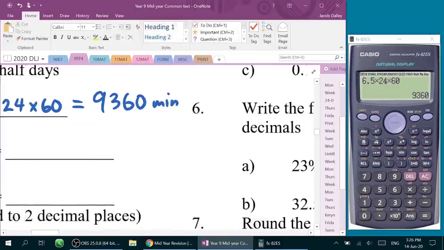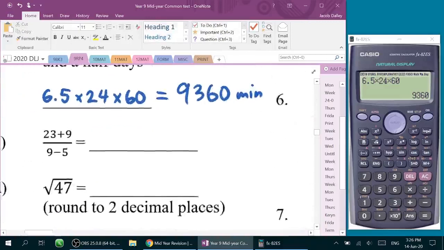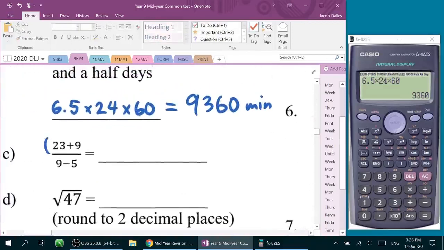When you get something like this, there are invisible brackets that need to be sorted out before you do any division. So if you did this in your head, you get 23 plus 9 is 32, and 9 minus 5 is 4, so we have 32 divided by 4, which equals 8.